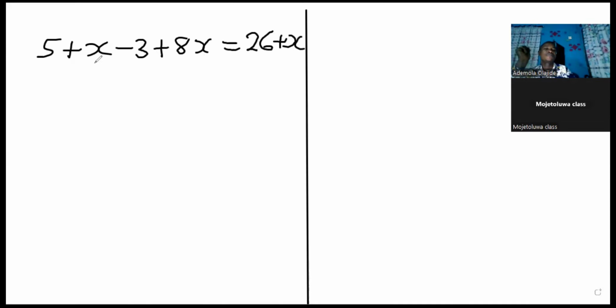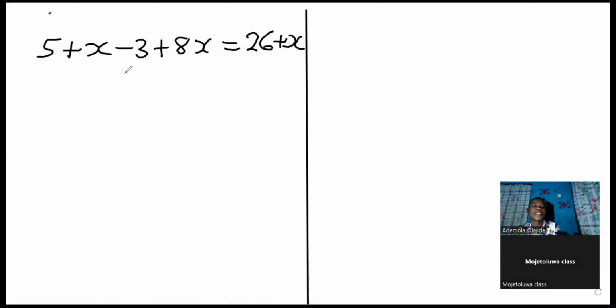That's what we had there. So first of all, let's collect like terms within. Let's first simplify. Is that clear? The expression on the left-hand side, you can first simplify. And if you don't want to do that, you can move straight and say collect like terms. If you like, you can do that. So we can do it differently.